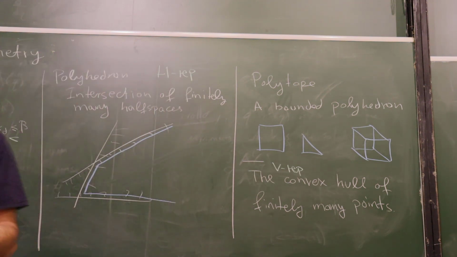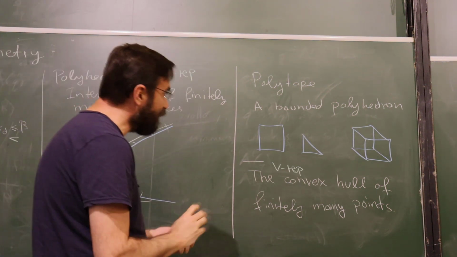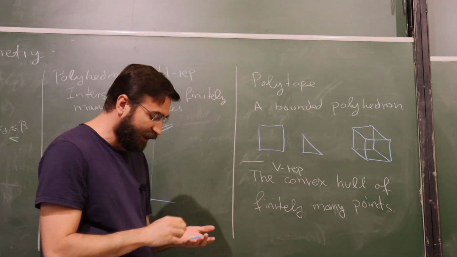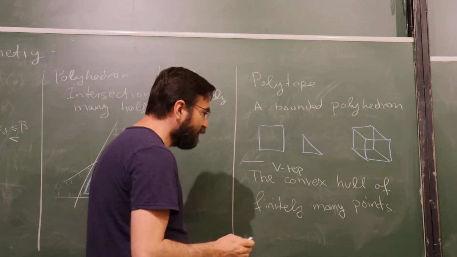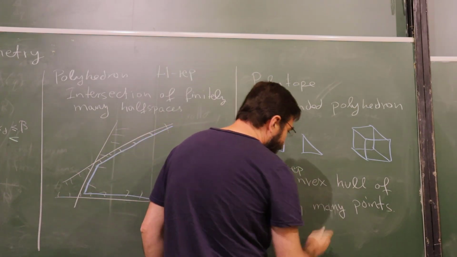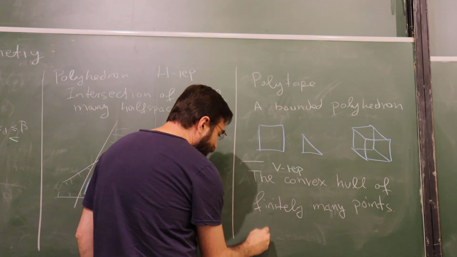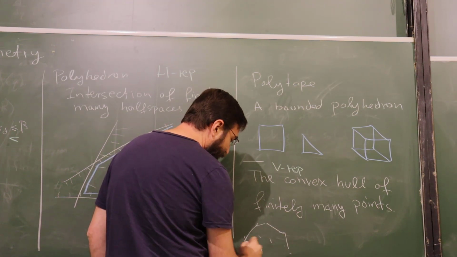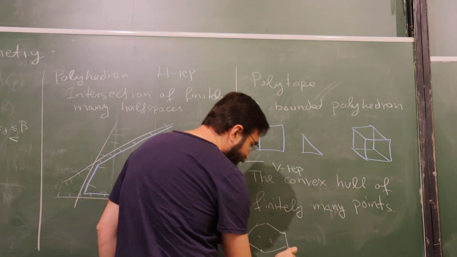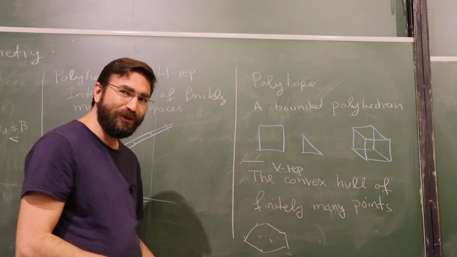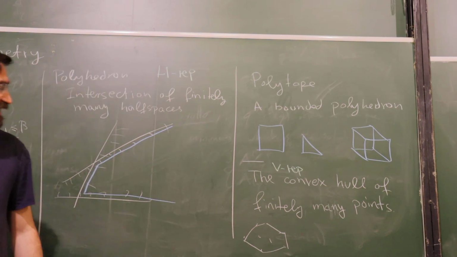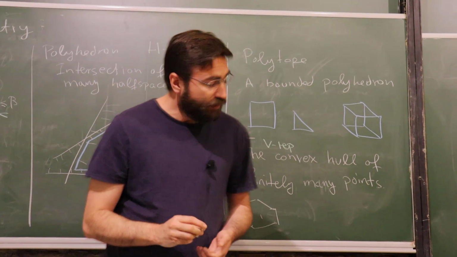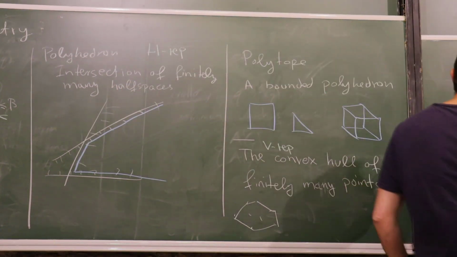Okay, so every polytope can be described as the intersection of finitely many half spaces or the convex hull of finitely many points. And what is a convex hull? I suppose we all know, but if I have a bunch of points, I take the smallest convex polytope that contains them all.